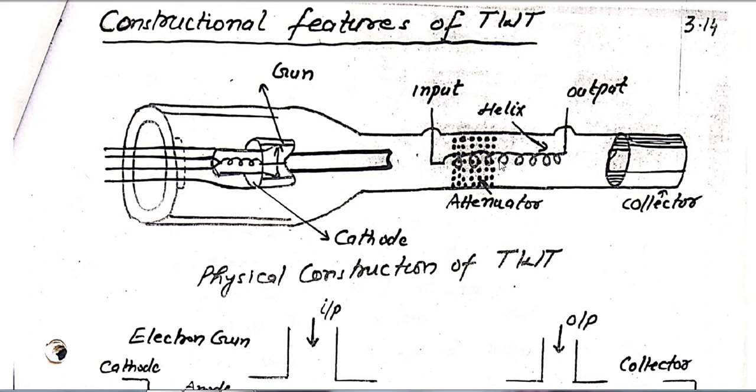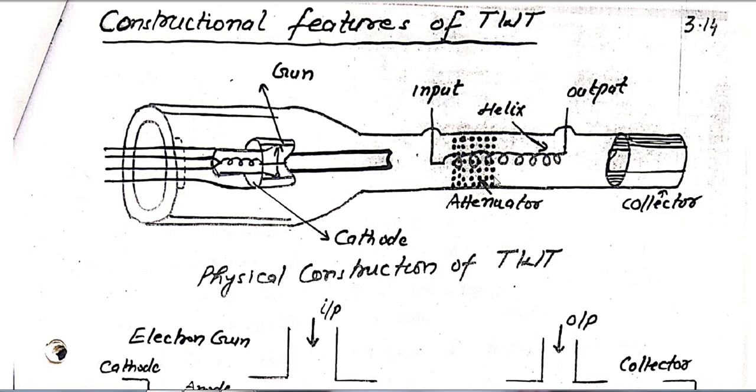This will be the pitch and the circumference of this helix. So this is the velocity with which the field is traveling, that is, the field is traveling with a speed equal to the speed of light multiplied by the ratio of helix pitch to helix circumference.